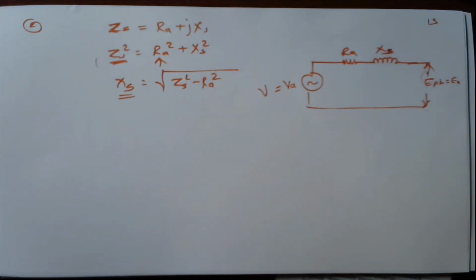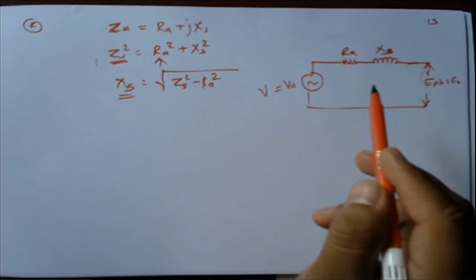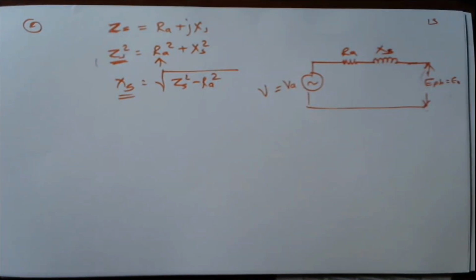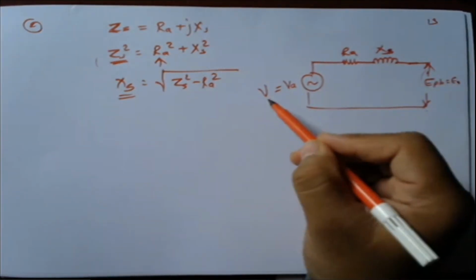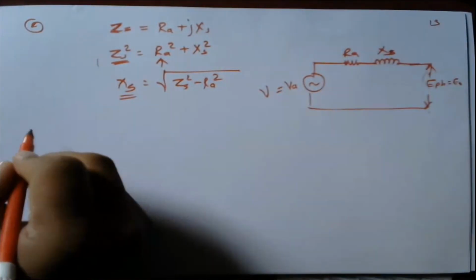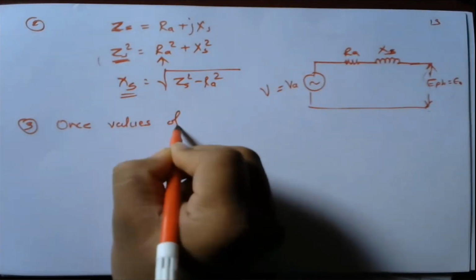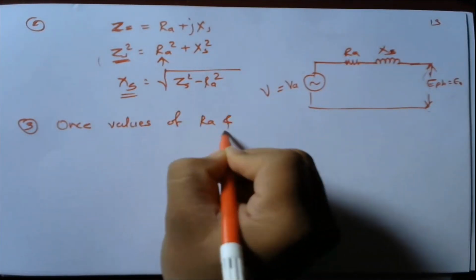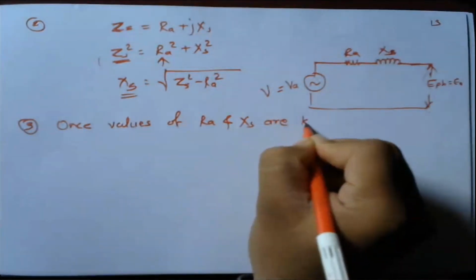It is not expected that you should write down the phasor diagram, but I'm just telling you. Let us say this is the terminal voltage, so that VT is equal to this voltage minus the drop. If I use that formula, we'll get the formula for voltage regulation. The values of RA and XS are known.